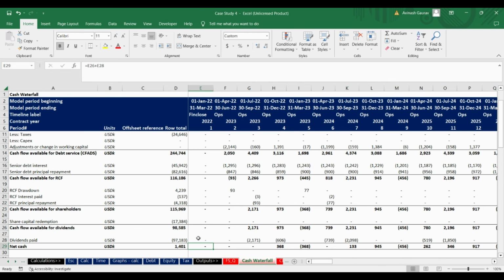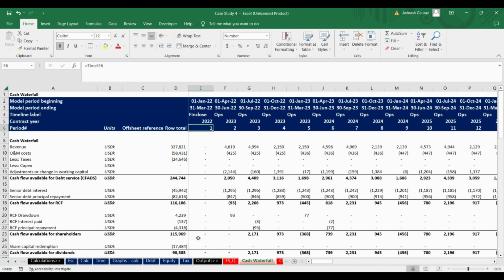And guys, remember one thing: whatever net cash you calculate from the cash waterfall should always match with your cash flow statement that you calculate using the old method, which is basically first you calculate cash flow from operating activities, then cash flow from financing activities, then cash flow from investing activities. Whatever the net cash is, that should always match with your cash flow waterfall statement.